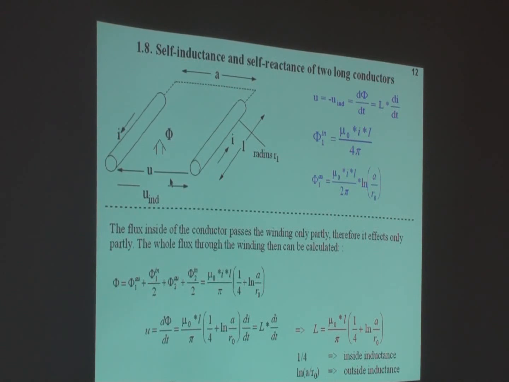Every time, if you do not have the current at the surface of the conductor, you have an inner inductivity. There's an additional one. Sometimes we don't calculate this, sometimes we calculate this.